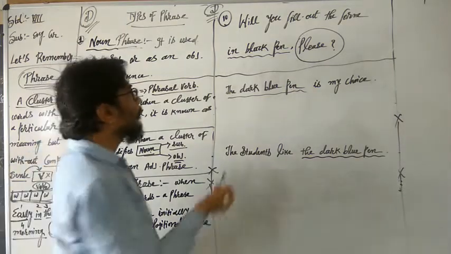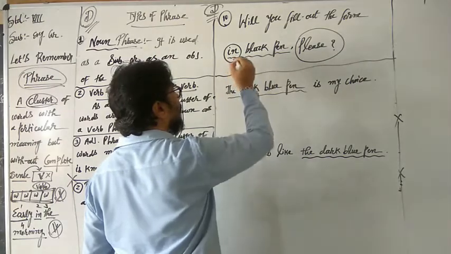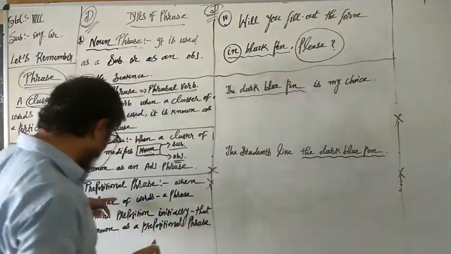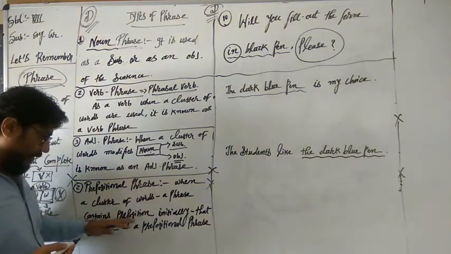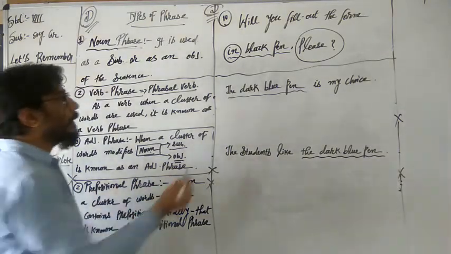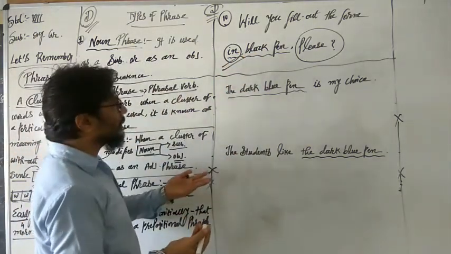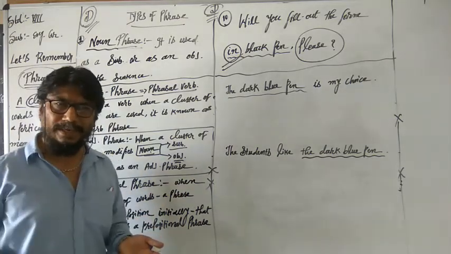Think here. This phrase starts with a preposition. Here it's written, when a cluster of words, meaning a phrase, contains a preposition initially. Naturally, this is a prepositional phrase. Very simple idea.